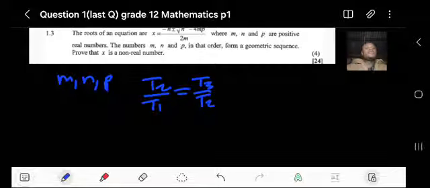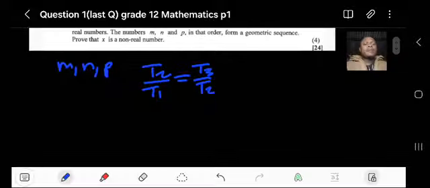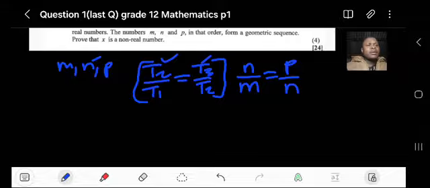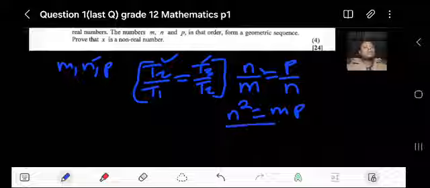Here T2 is n, T1 is m, T3 is p, and T2 is n again. So n over m is equal to p over n. Cross multiplying, we have that n squared is equal to mp. This is what we have from the geometric sequence.